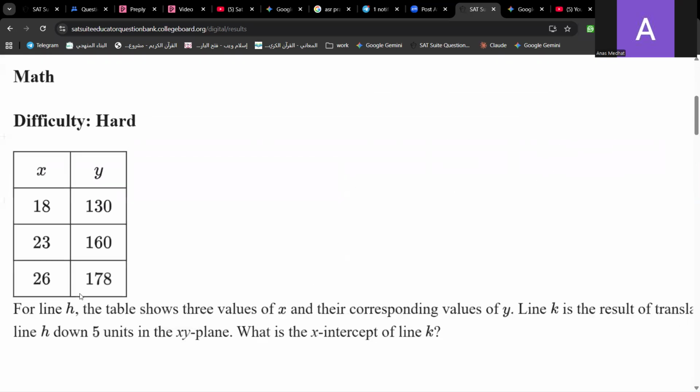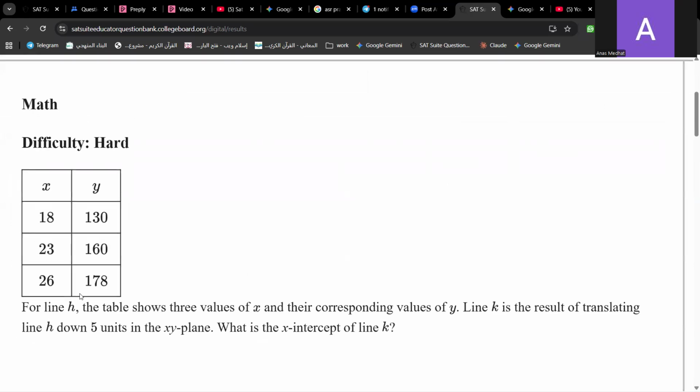For line H, the table shows 3 values of x and their corresponding values of y. Line K is the result of translating line H down 5 units in the xy plane. What's the x-intercept of line K? So line K is H translated down 5 units. Nice question.